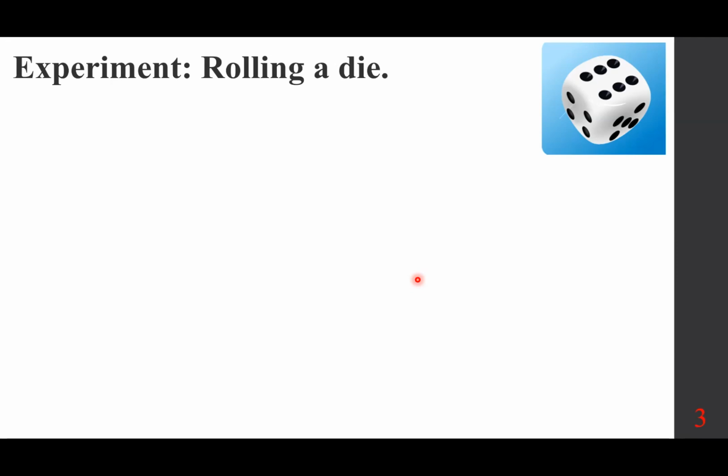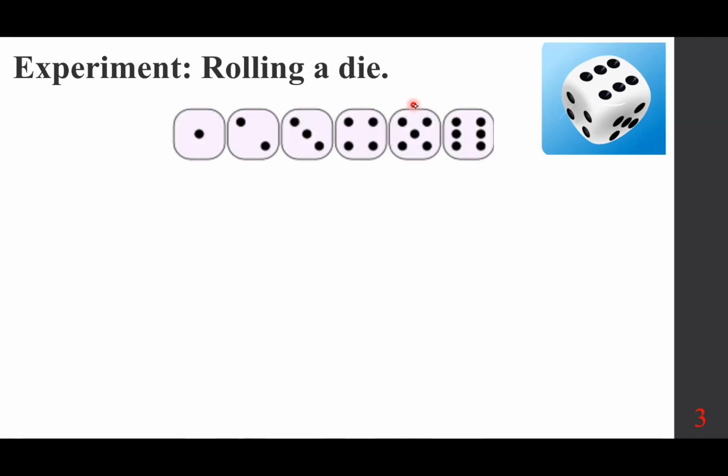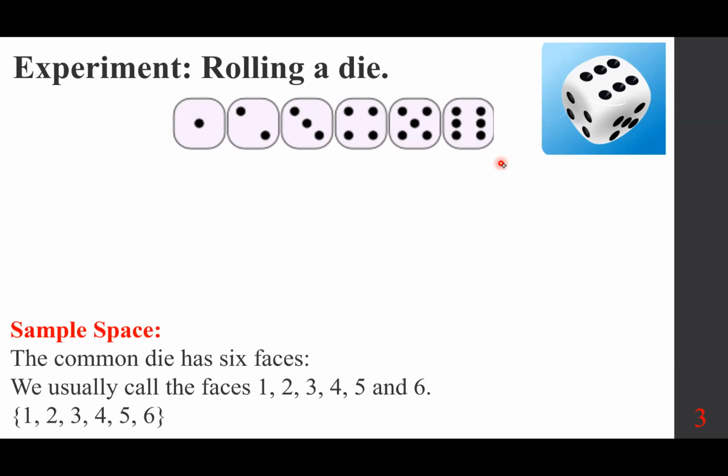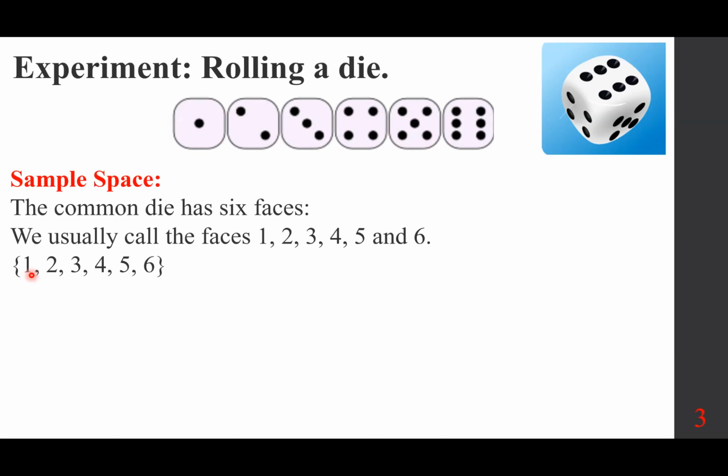We're going to look at an experiment as an example, rolling a die. And that gives us, as you can see, a common die gives us 6 outcomes, numbers 1, 2, 3, 4, 5, 6. And this would be considered the sample space for this experiment.